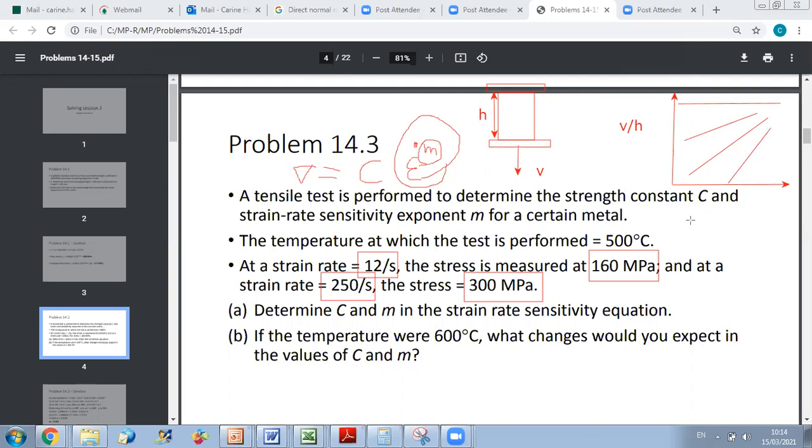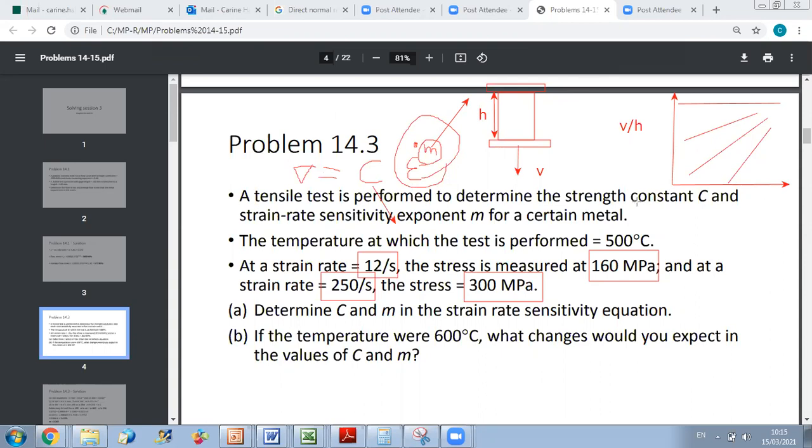Because we know that increasing temperature reduces the stress, since you can deform your metal easily when you heat it. This is why when you heat, the value of C will be reduced, since it will be easier to deform your metal, while the value of m will be increased since the sensitivity to strain rate will increase.